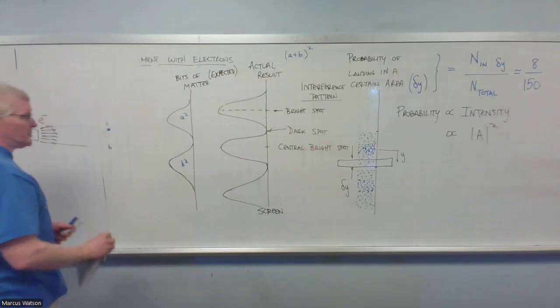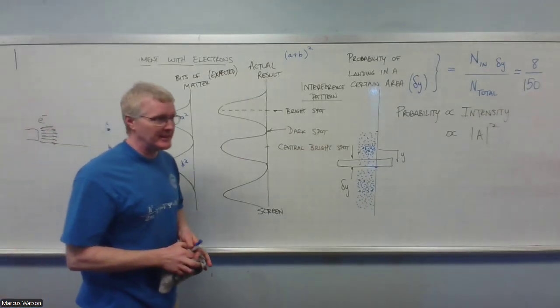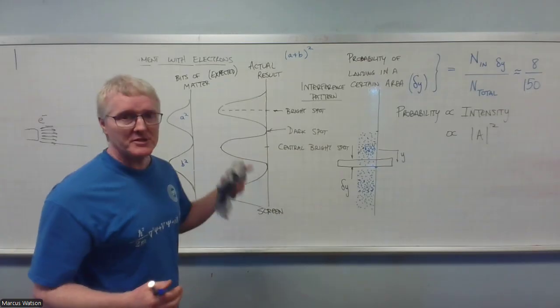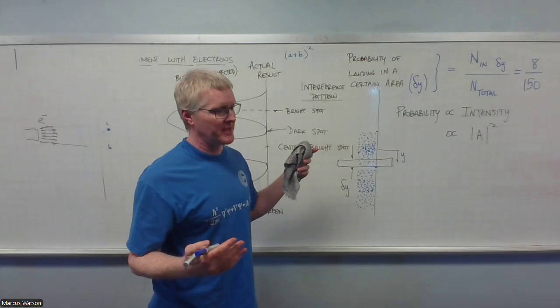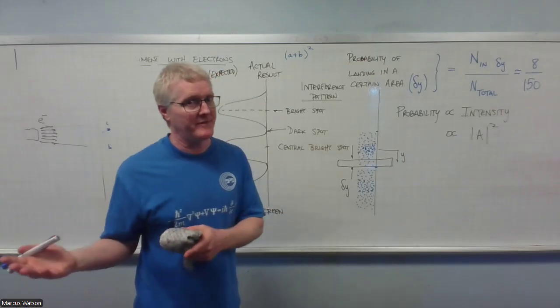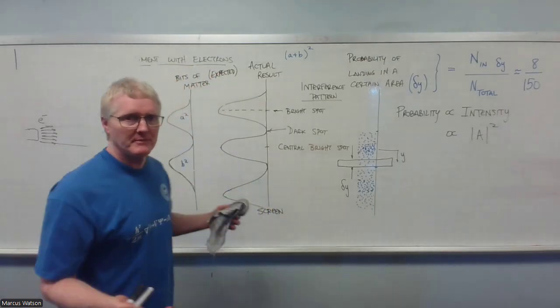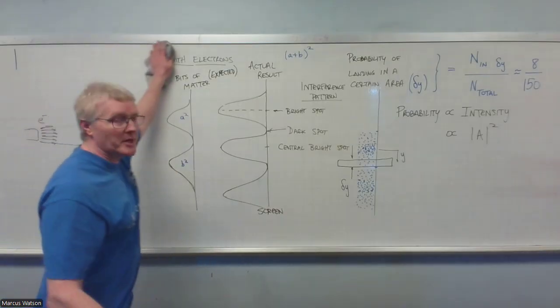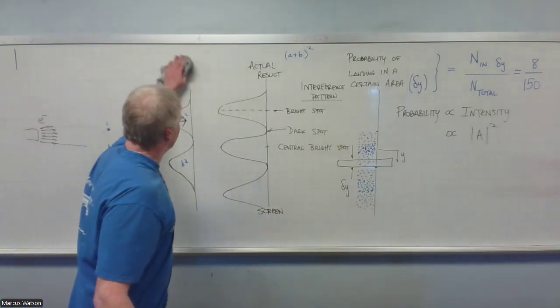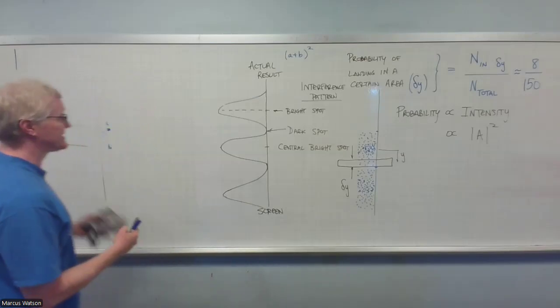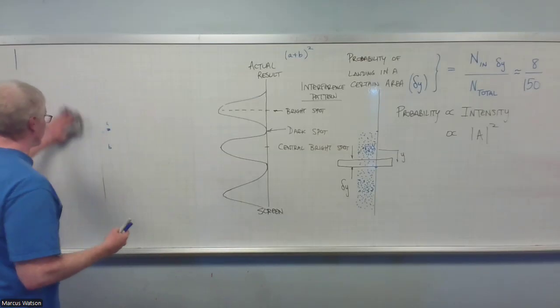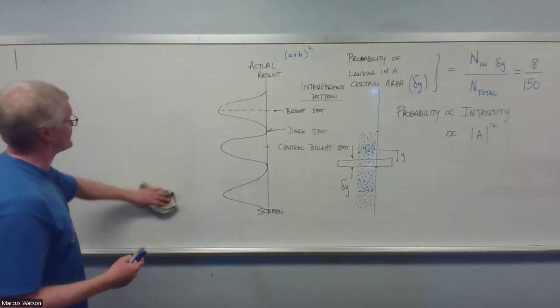So what we're going to do is calculate the probability by assuming that there's a function which describes the wave characteristics of the electron. And we're going to assume that we have the ability to calculate what that function is and have it tell us something about the electron, its position and its momentum and things like that.